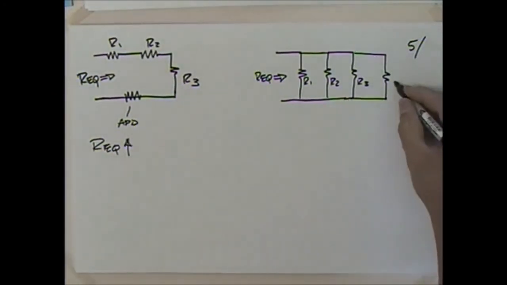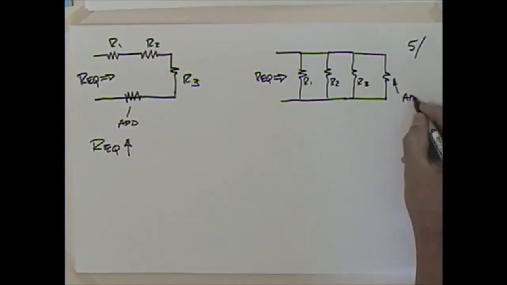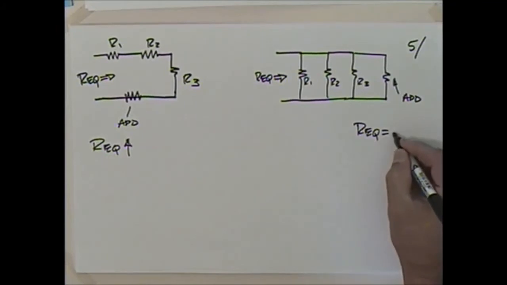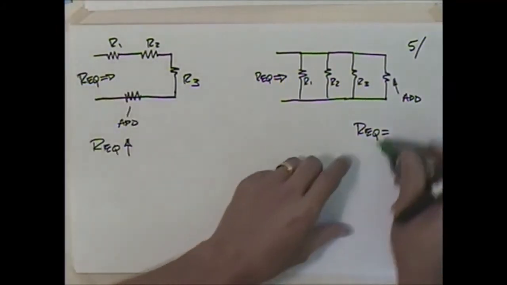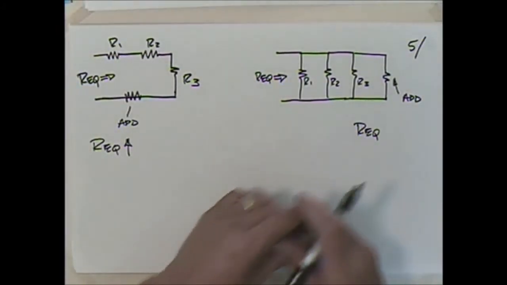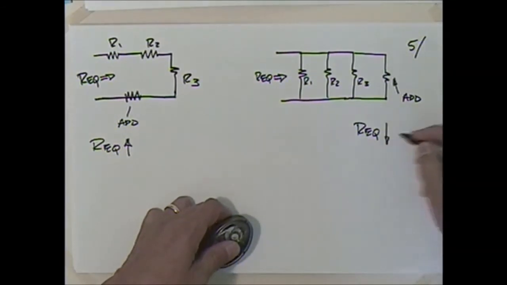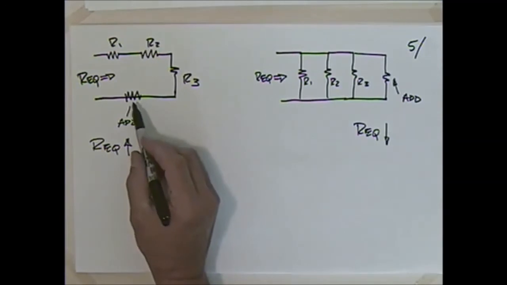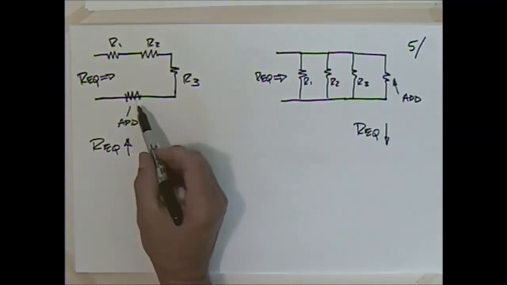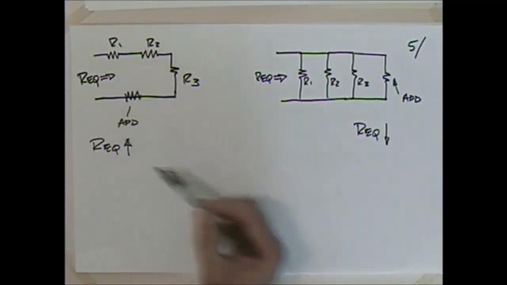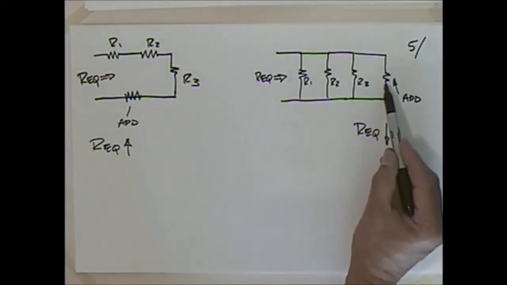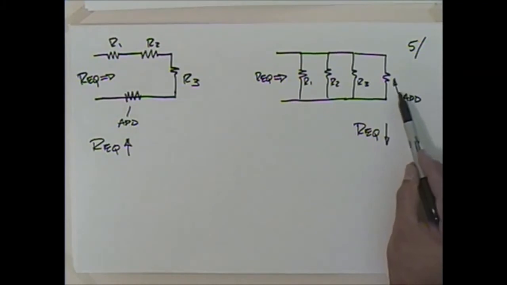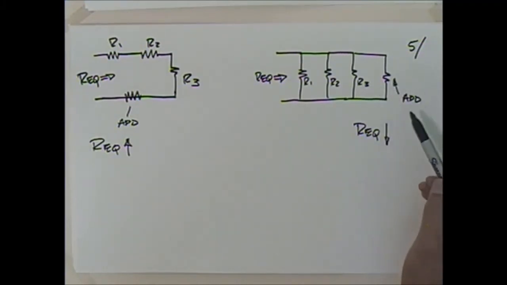When I add this resistor, R equivalent, you look at the math on it, R equivalent goes down. Okay. So when I add resistance in series, it increases the total resistance. That's pretty straightforward because you're just adding these up. When I add resistance in parallel, it decreases the total resistance, which if you look at the math being the inverse of the sum of the inverses, hopefully makes sense.